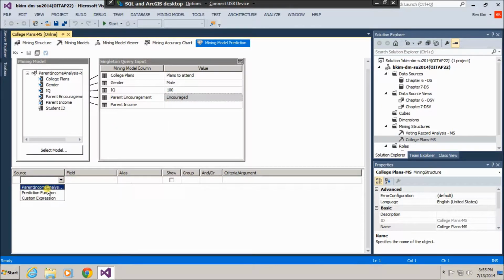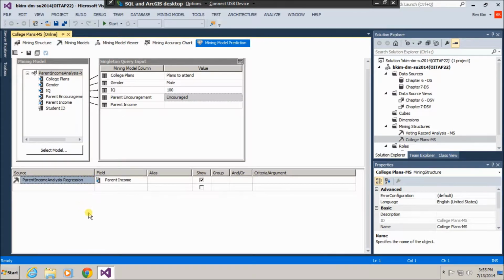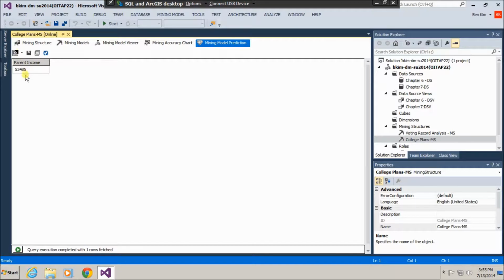Let's make it just a little wider so you can actually see it. Okay, let's run. Based upon the values we just entered, the parent of that person probably makes $53,485.